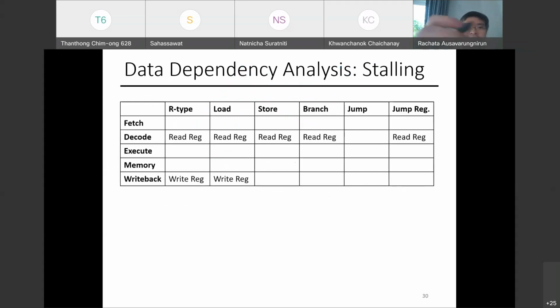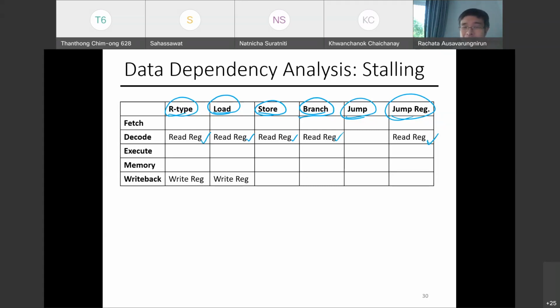All right, so here is the analysis. You can have registers, R1, R0, something that produces something to a register: a load, store, branch, or jump based on a register. In decode, you sometimes need to read the register. So this is the condition. I need to know the value of my register.